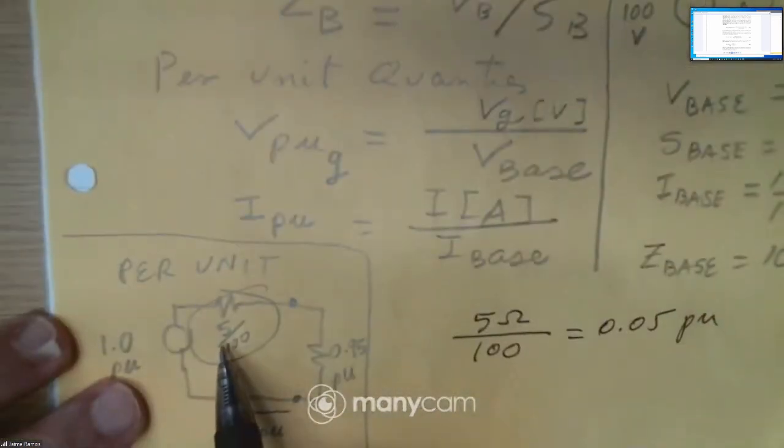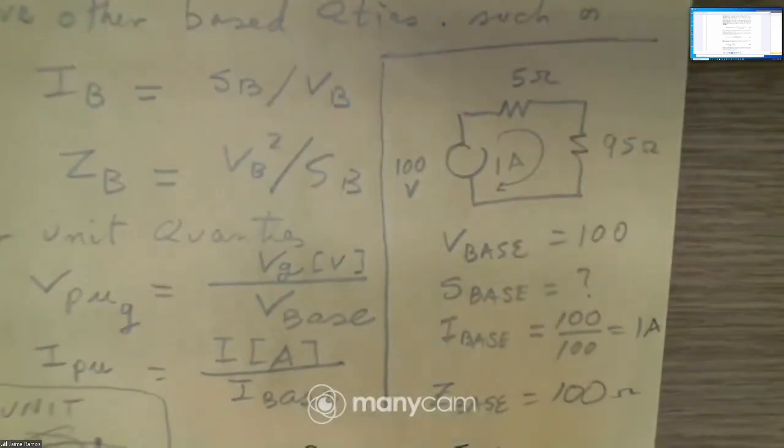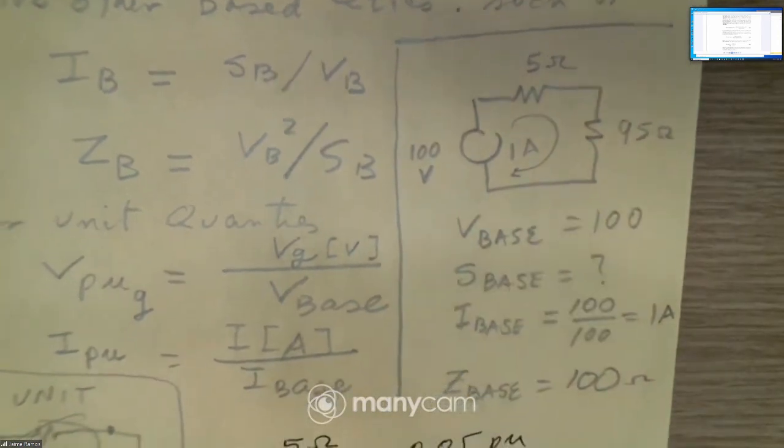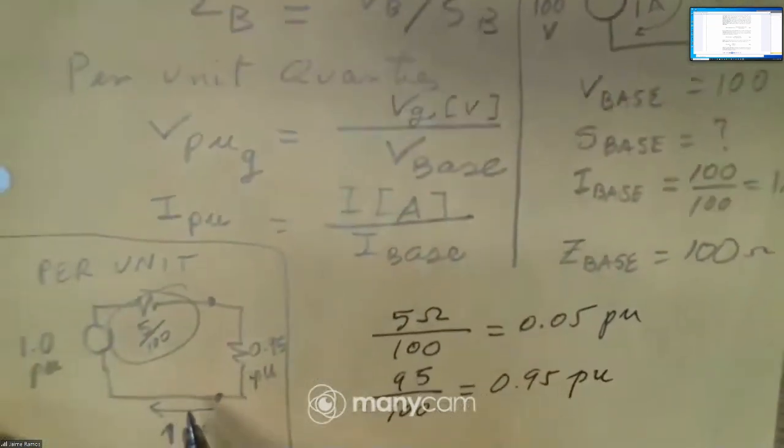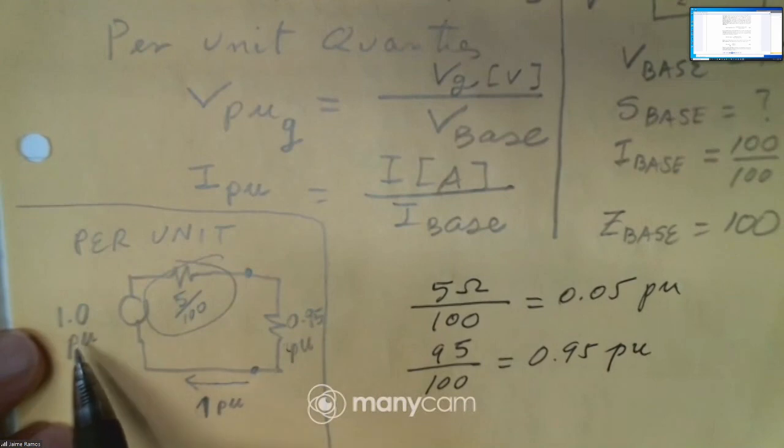So that's what I have here. The 95 ohm resistance becomes 0.95 per unit. So that's what we have here. The source voltage becomes 1 per unit.